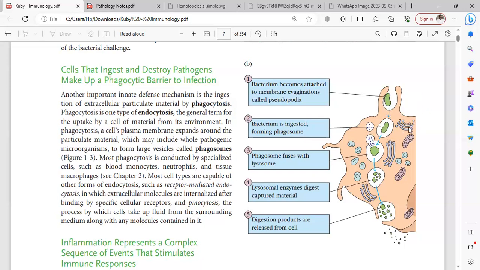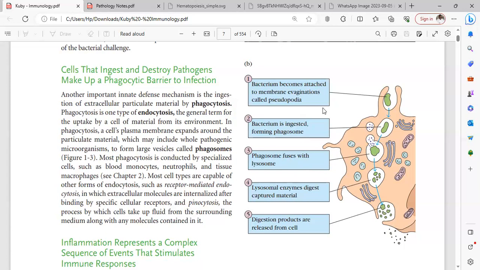Once it gets attached to this invagination, the bacteria gets into the macrophage, and it will be ingested to form a phagosome. This phagosome will then fuse with lysosomes, this one here, I don't know if you can see my pointer. The lysosome has lytic enzymes, which will digest the bacteria, and the digestion products will be released from the cell.